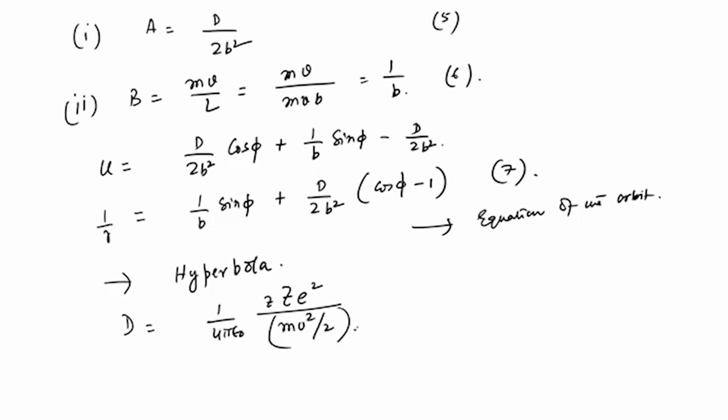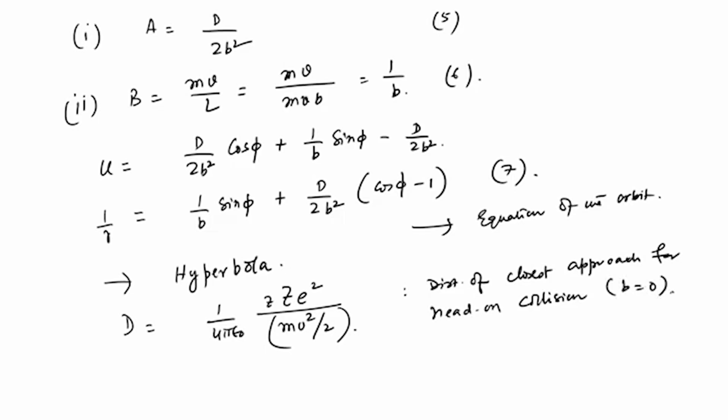So, it is basically a parameter equal to the distance of the closest approach to the nucleus for a head on collision, and head on collision would mean that b is equal to 0.